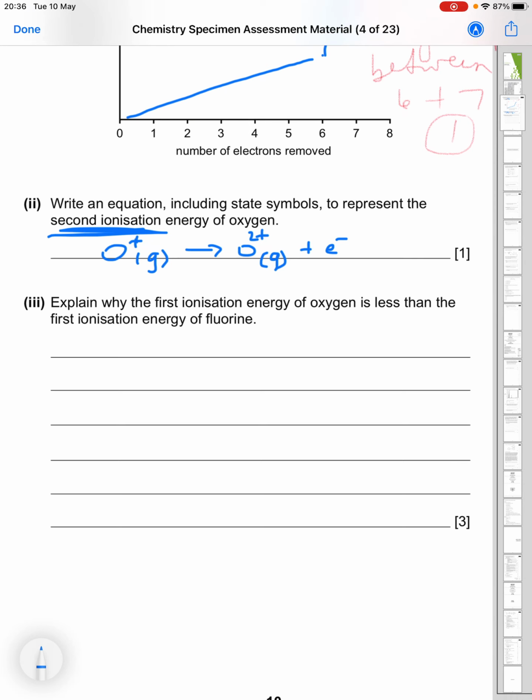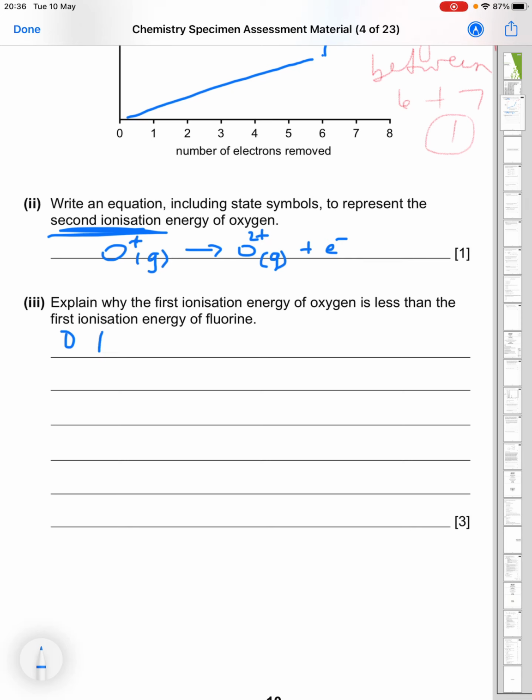So explain why the first ionisation energy of oxygen is less than the first ionisation energy of fluorine. Well, if we think about where they are, oxygen is to the left of fluorine in the same period.